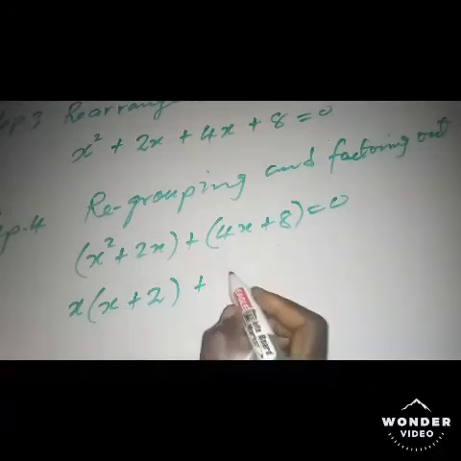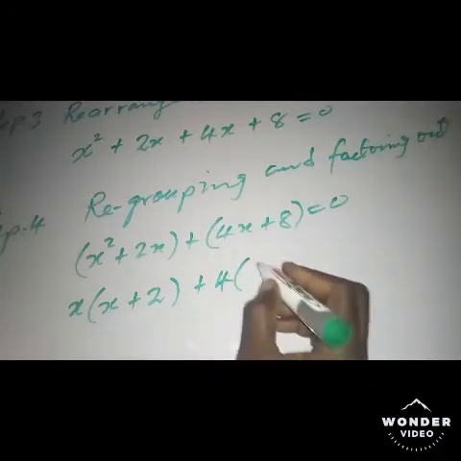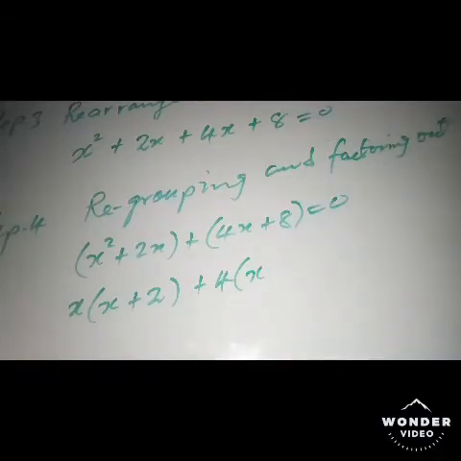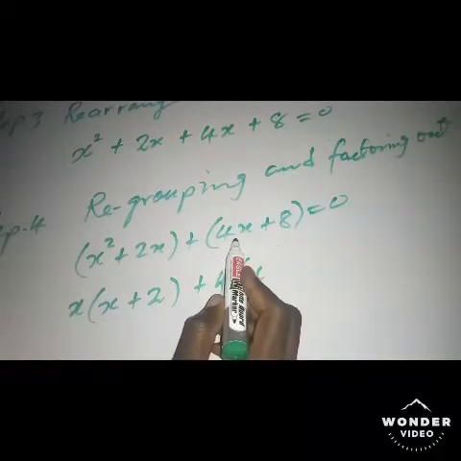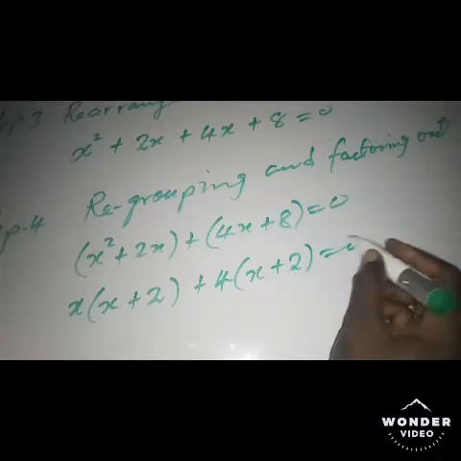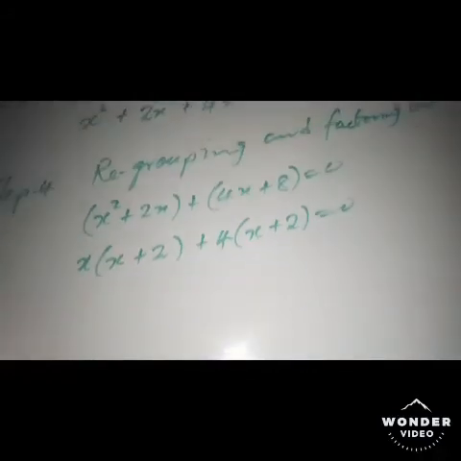Then what is common here? 4 is common, so I factor out 4: 4 times (x plus 2). 4 times x gives you 4x, and 4 times 2 gives you 8. So I'm done with my factoring out.